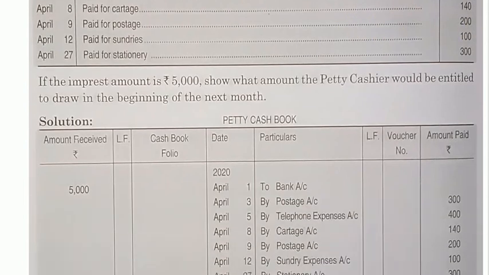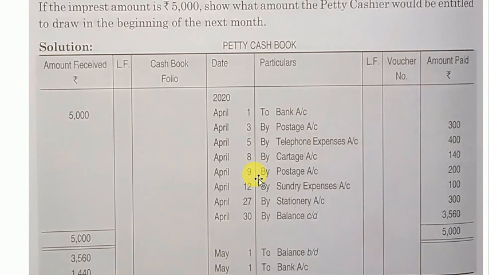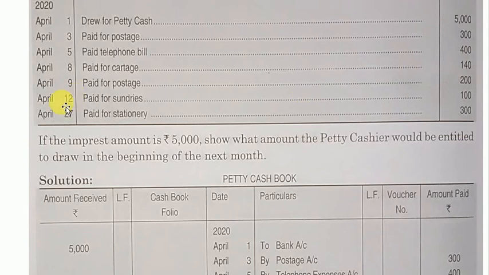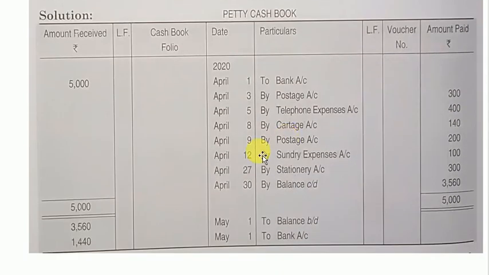This is also recorded on the right hand side of the petty cash book with an entry of 'By Postage' amounting to 200 rupees in the amount paid column. And now on April 12th paid for sundries amounting to rupees 100. This is also recorded on the right hand side with an entry of 'By Sundry Expenses' amounting to rupees 100 in the amount paid column.